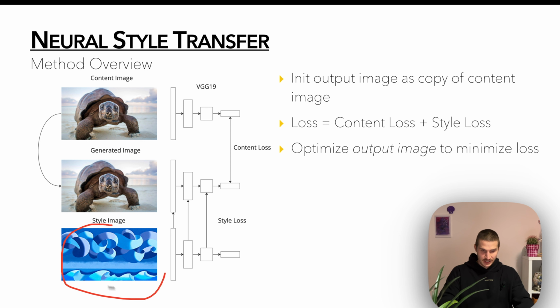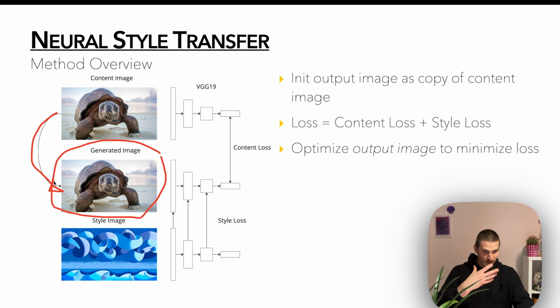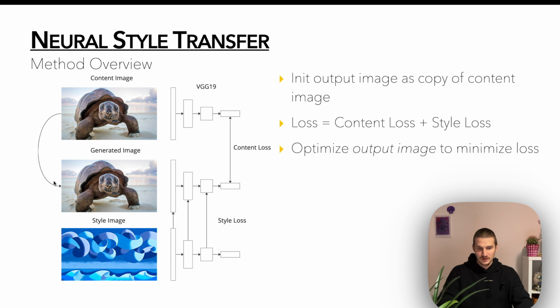We do the same with the style image. So we pass it through the same network, and then we initialize a generated image. So we start with just a copy of the content image itself. Then we have our loss that will be represented as a sum of content loss and style loss. Content loss is a measure of how close the content of this generated image is to the original image.